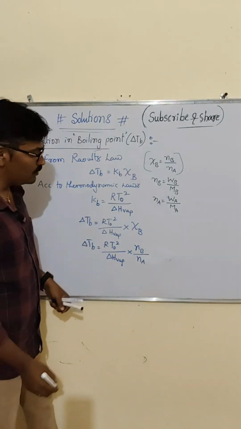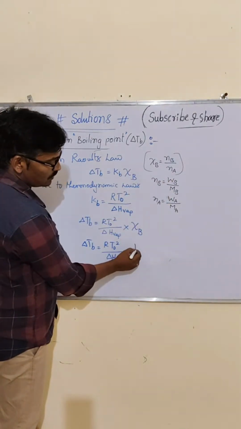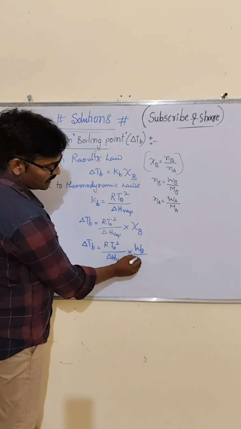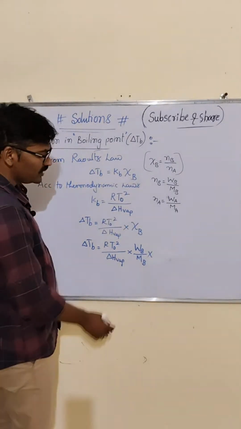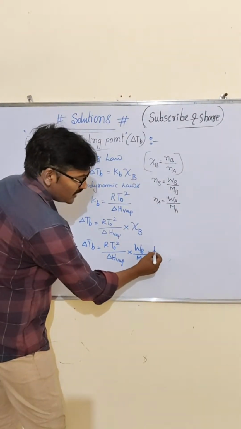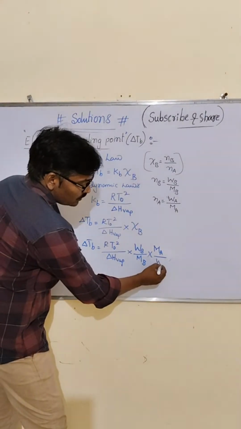In the place of nB, we can write WB divided by MB, into MA divided by WA.